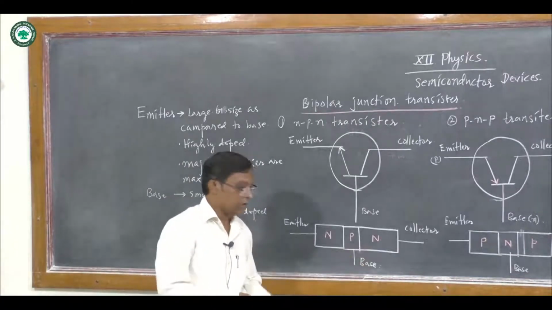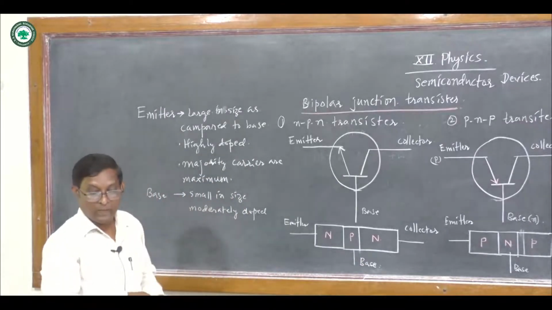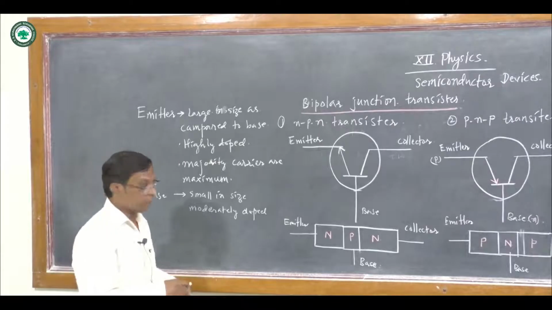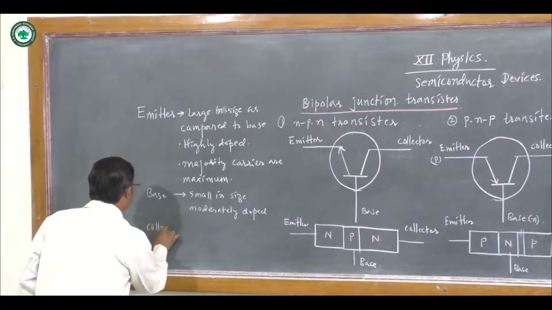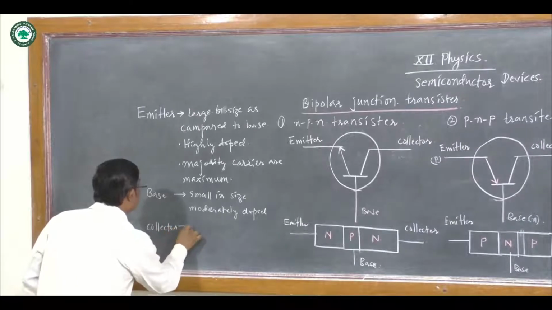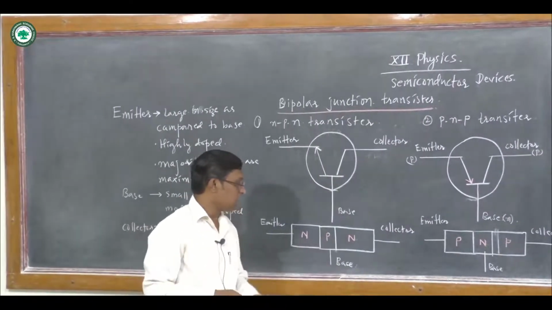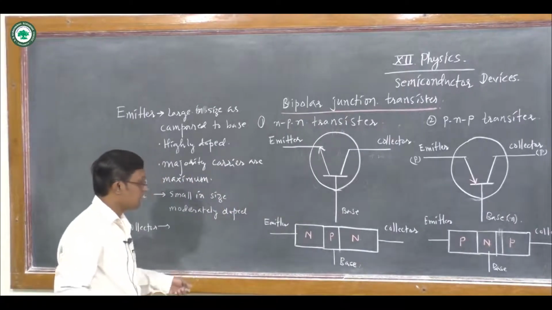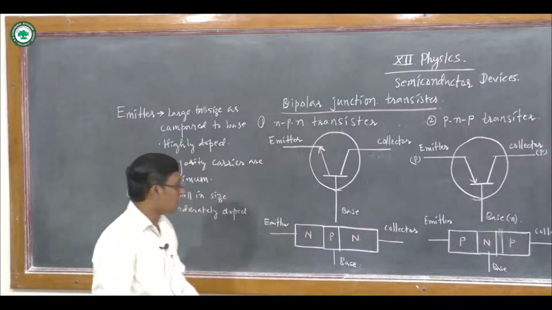And the third terminal is the collector, which is made up of the n type of material. This region is also moderately doped.